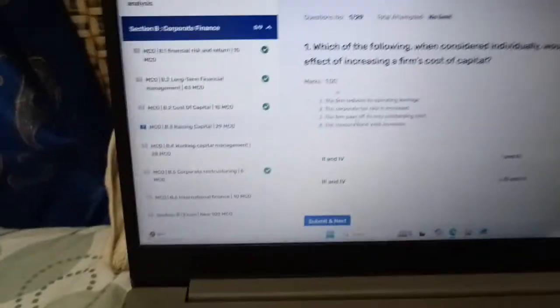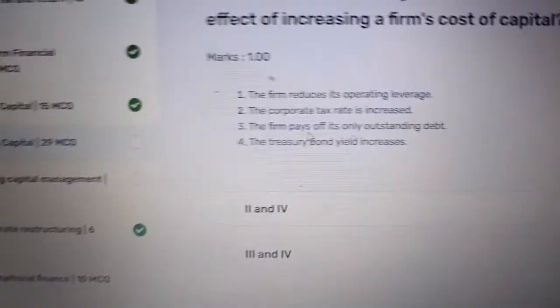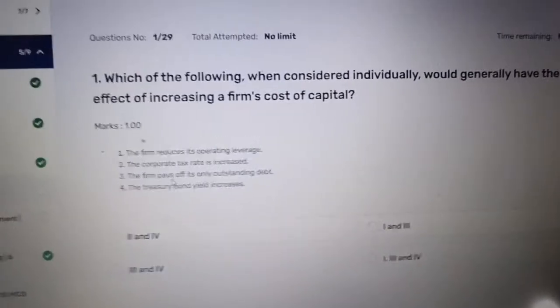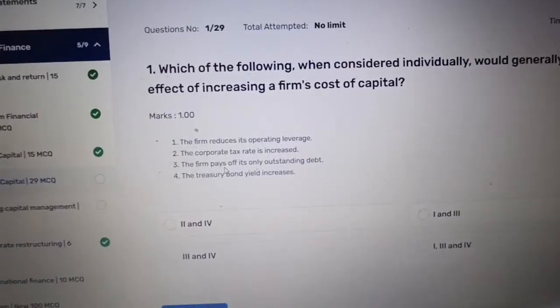It's showing some issue. I hope this is visible, right? This is visible, I hope.